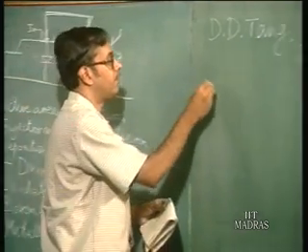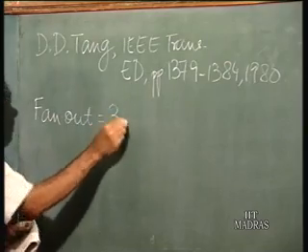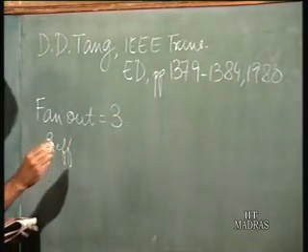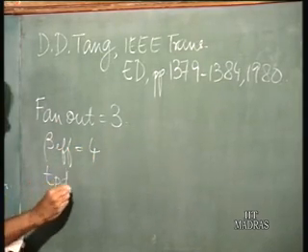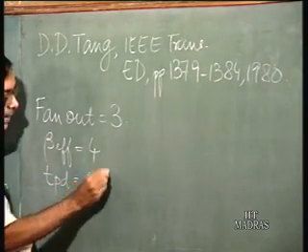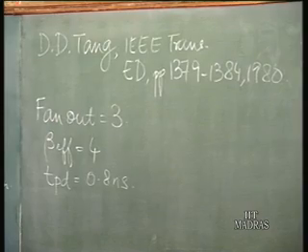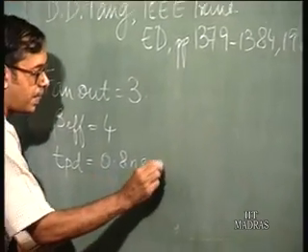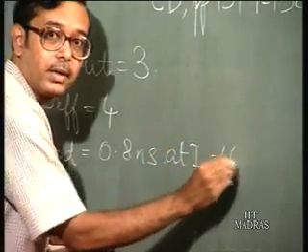The results which they came out with were for a fan out of 3 for this particular structure, that is, for 3 collectors. They had a beta effective equal to 4, and interestingly the propagation delay of 0.8 nanoseconds at a collector current of I naught equal to 100 microampere.